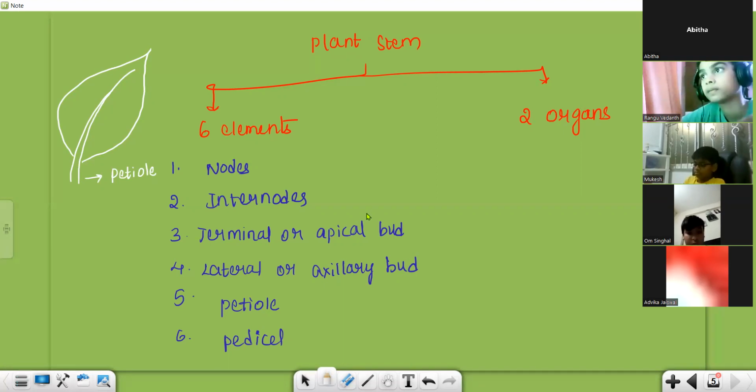Then, what is pedicel? Pedicel means the stalk of a flower. Both the flower and the leaf contain a stalk. Suppose this is a flower.